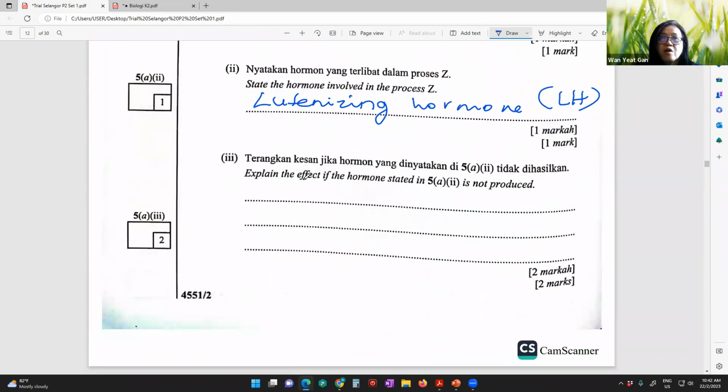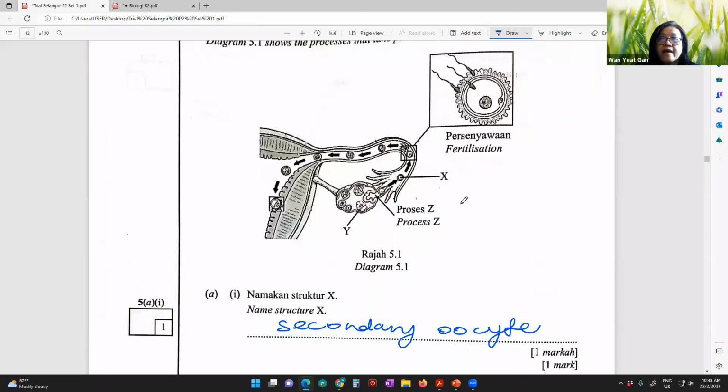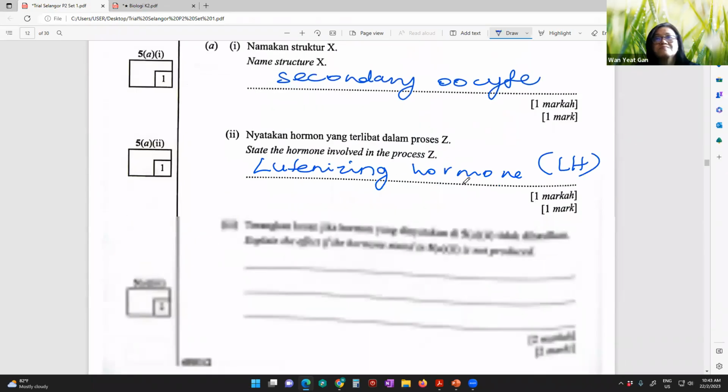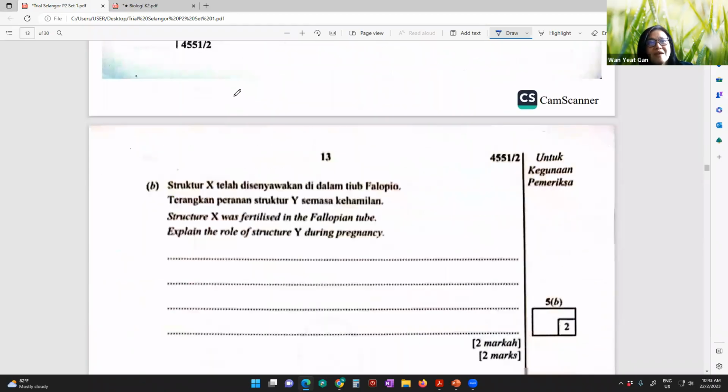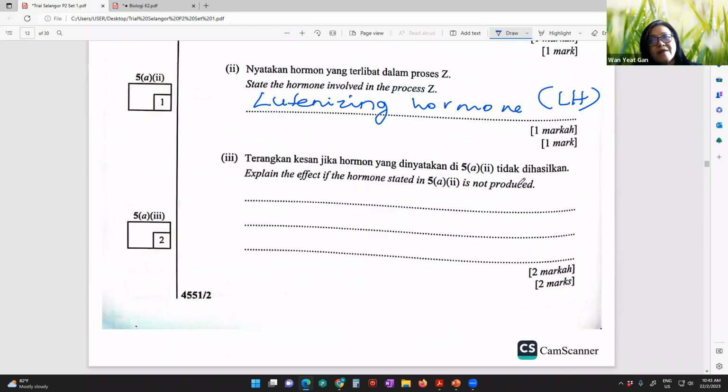Explain the effect if the hormone stated in 5A2 is not produced. If there is no luteinizing hormone, what would be the effect? The question is asking if it's not produced, so you have to give an answer in a negative way.